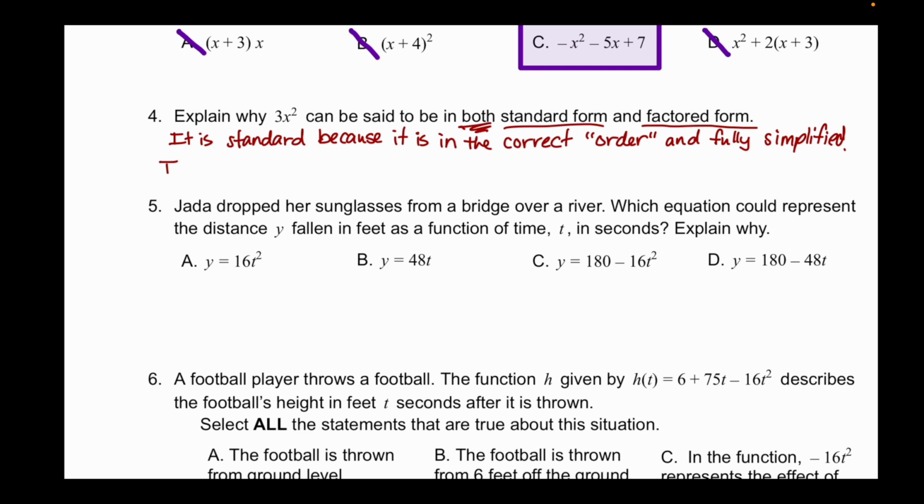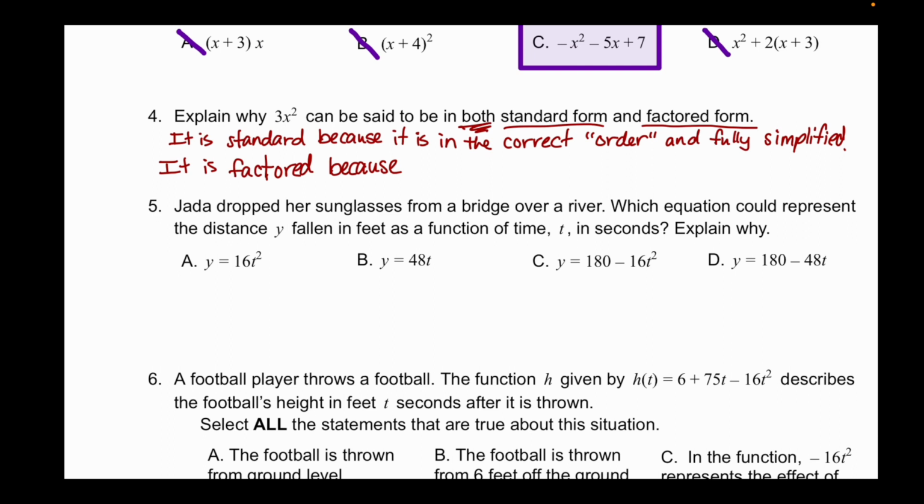We'll say it is factored because now factored form is where we can no longer pull out a number to divide by or that can be multiplied through all of the terms.